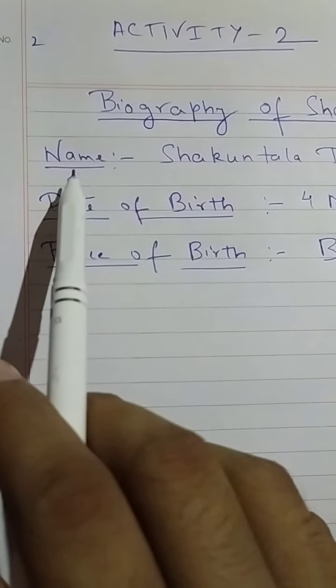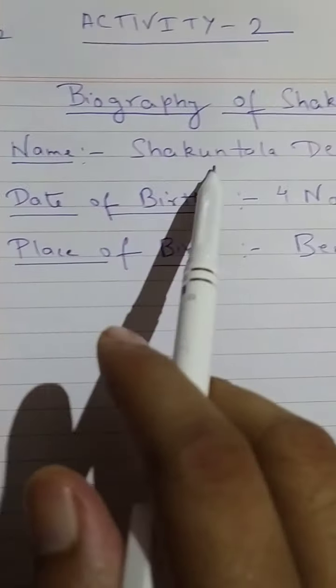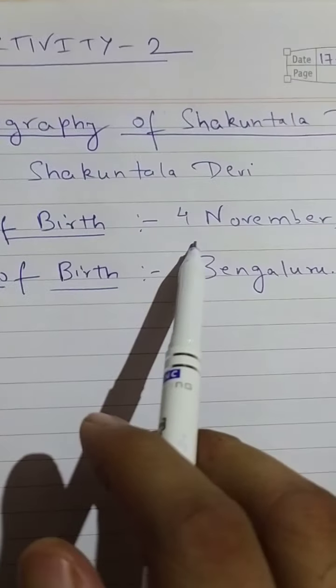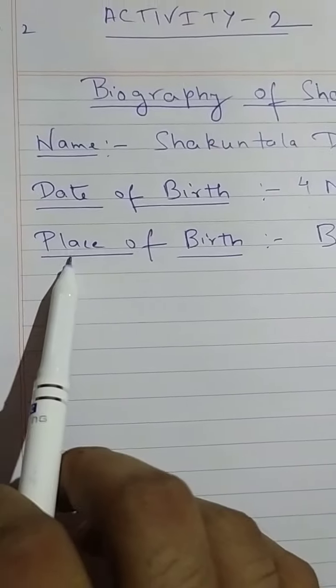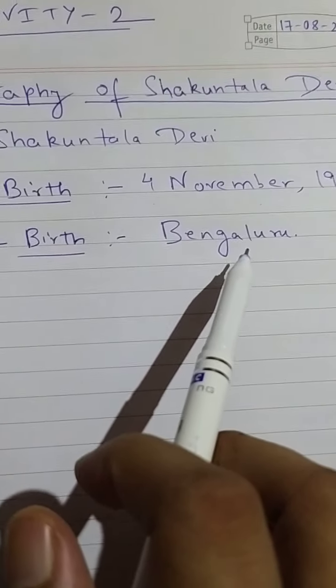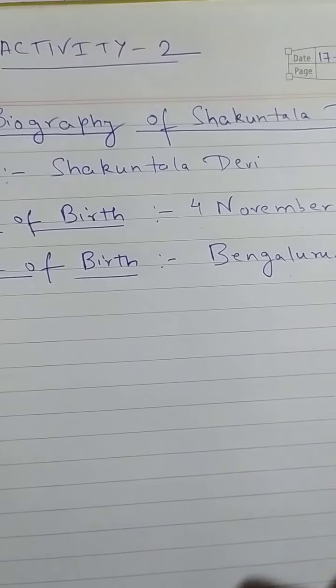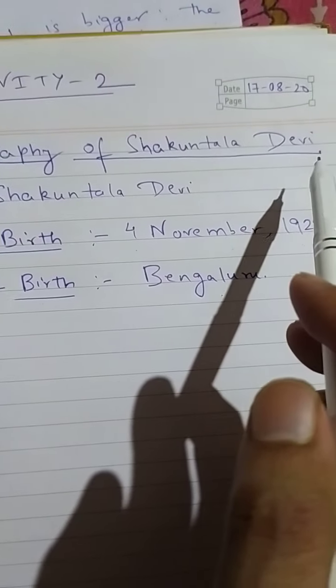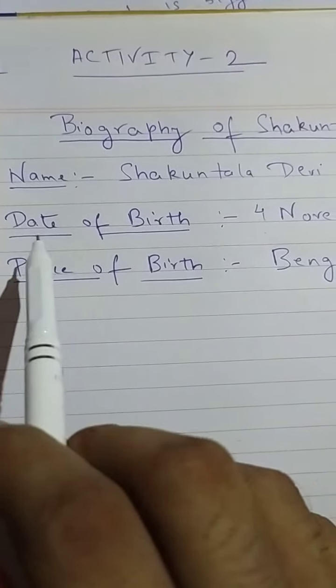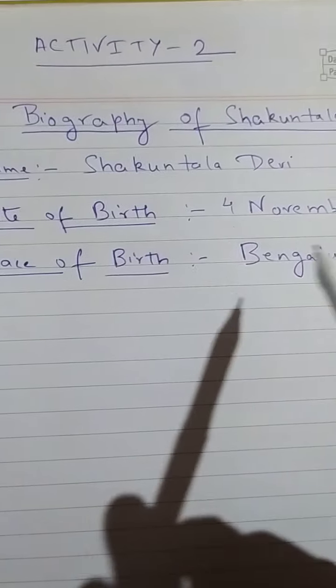So how to start? We'll write down like this: name Shakuntala Devi. Then I've written the date of birth is 4 November 1929. Place of birth Bengaluru. So I have just given the starting part. You will give the heading like this, and name, date of birth, place of birth I have already written.